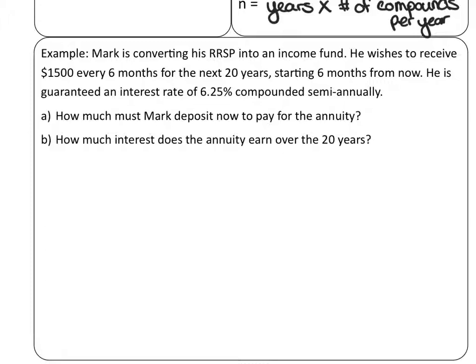Again, I like to highlight what I want: $1,500 every 6 months, over 20 years, 6.25% compounded semi-annually, so that I can then make a list just like I did in yesterday's lesson, and then calculate and use the formula nicely.